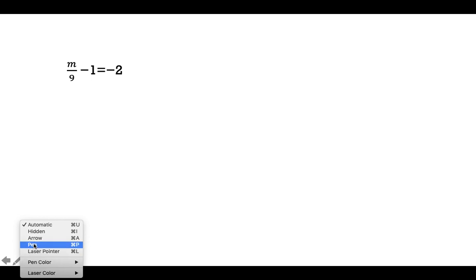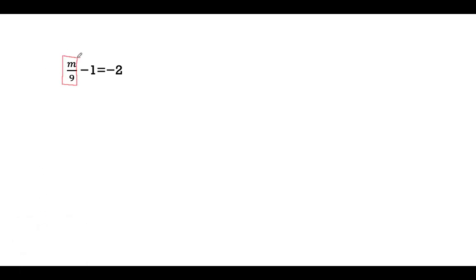Moving along to more difficult things. This is still the same as the previous. The only thing different is instead of multiplying, you're dividing. But we want to get this variable term by itself. Okay? So we got to get rid of the other term first. So we got to get rid of this minus 1.